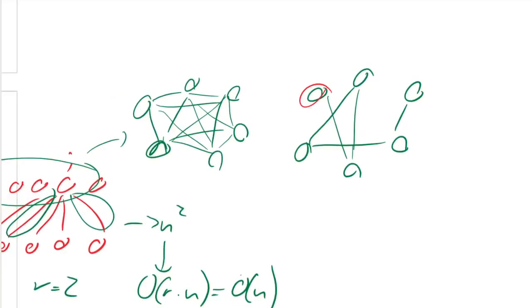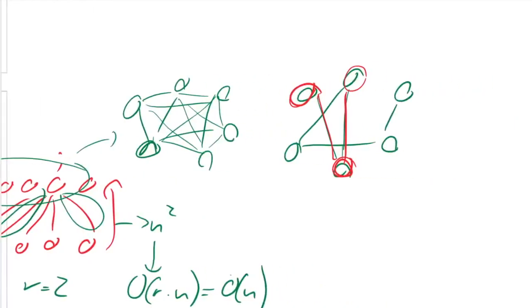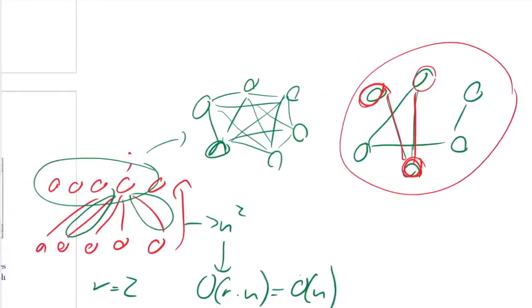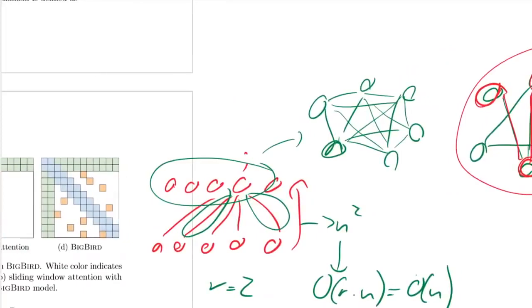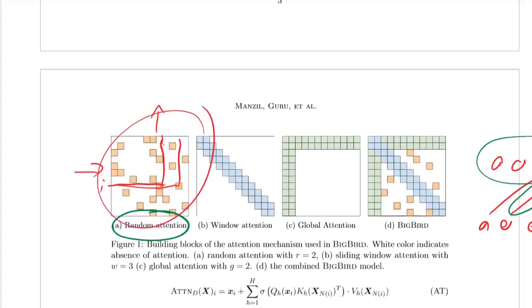This random walk, which basically means that you go from here to here, would be one layer of the transformer. And if you want to go from here to here, you would have to do that in the next layer. So this formulation as a random graph leads me to believe that layer after layer, the random attention pattern is going to be the same.